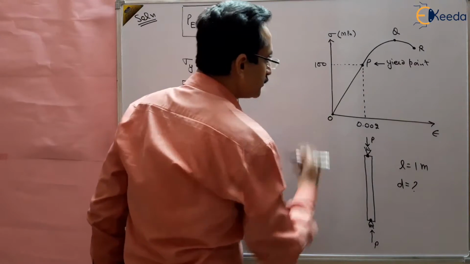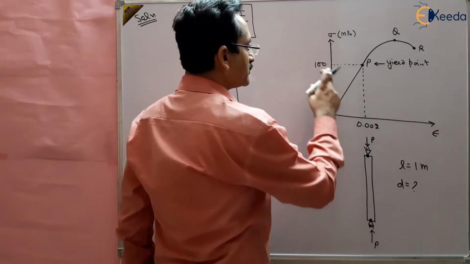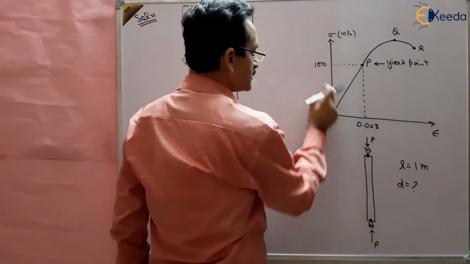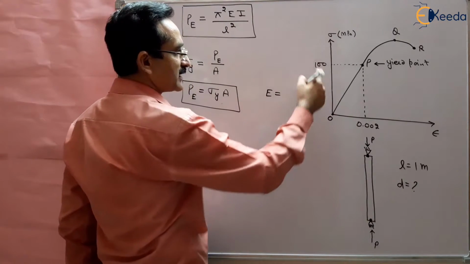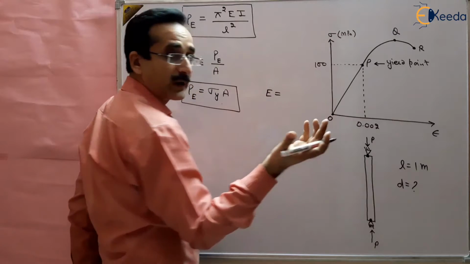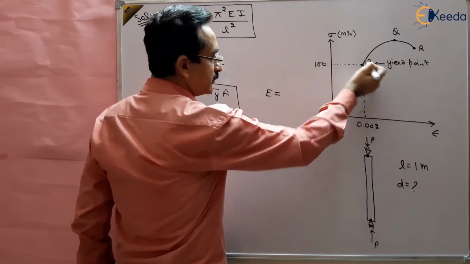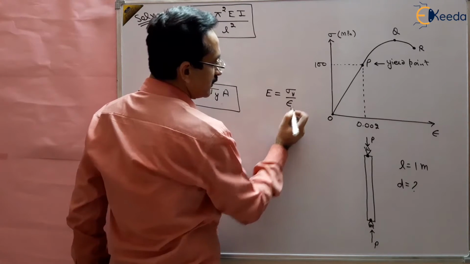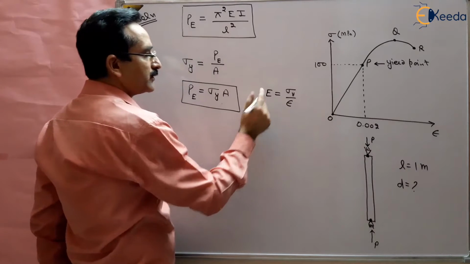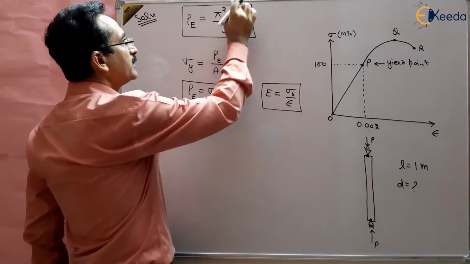If E is not given to us, no problem, because we can find out E also using this ratio. E is the ratio of stress upon strain, by Hooke's law, up to the elastic limit. This is the yield point, so stress upon strain will be E. So we can find out E from here, which will be used here.